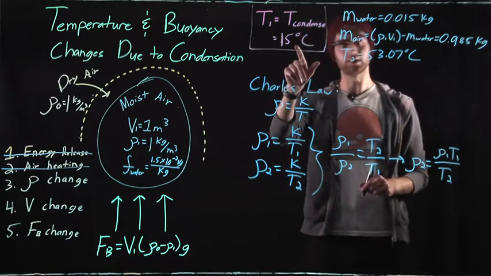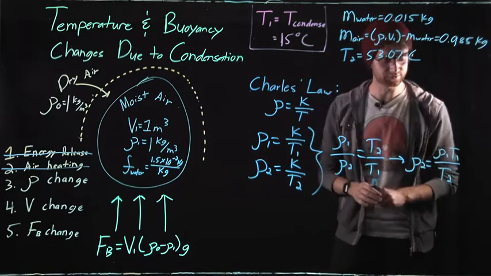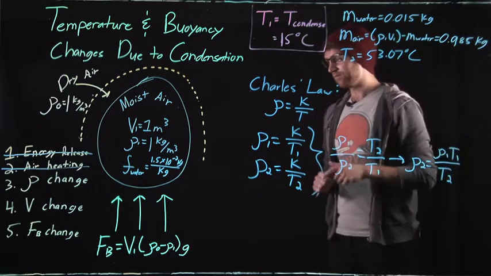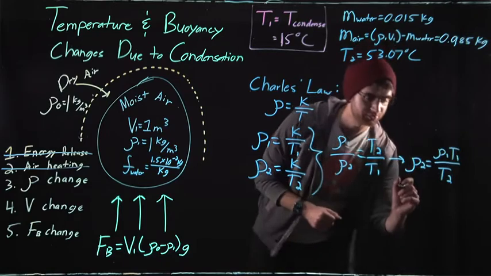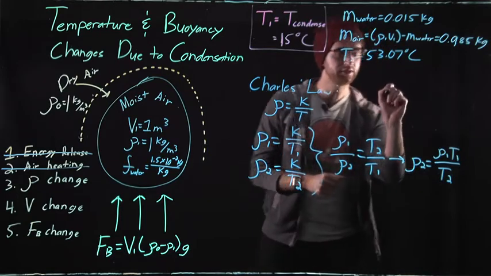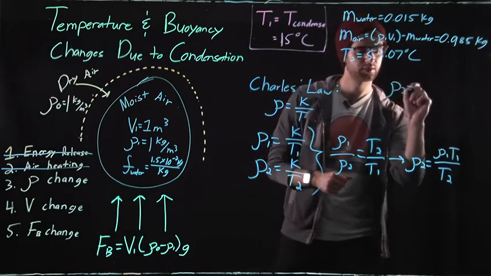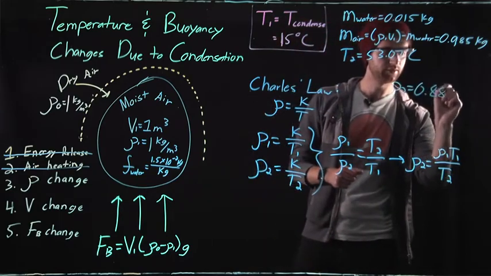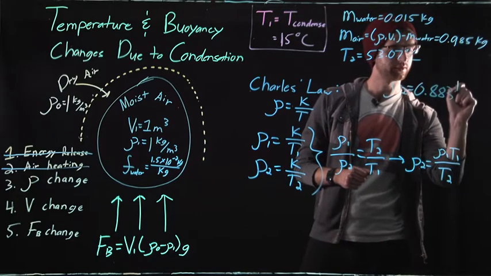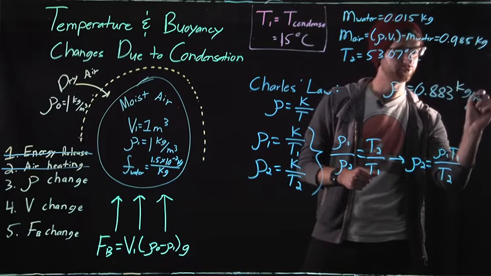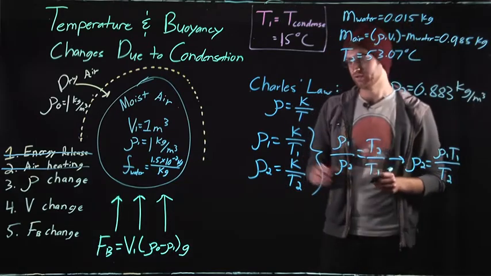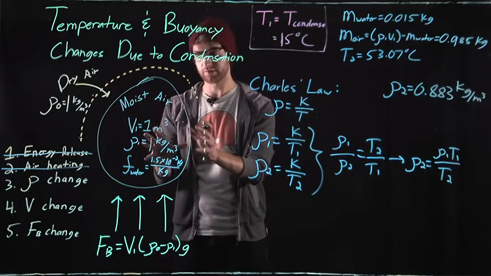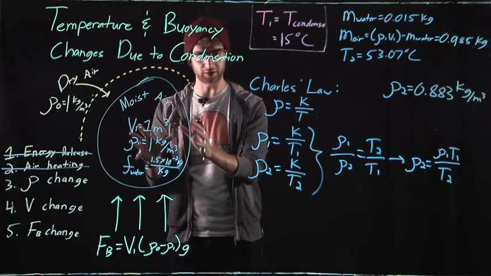We know the original temperature. Things condensed at 15 degrees Celsius. And we know T2 because we just calculated it, 53.07 degrees Kelvin. And so when we carry out this calculation, we get a new density, rho 2 equals 0.883 kilograms per meter cube. So that's the density change due to condensation and the subsequent heating that we just found of this parcel of air.